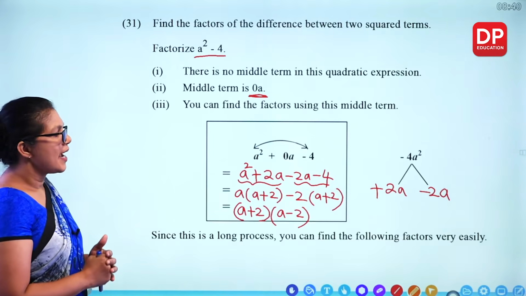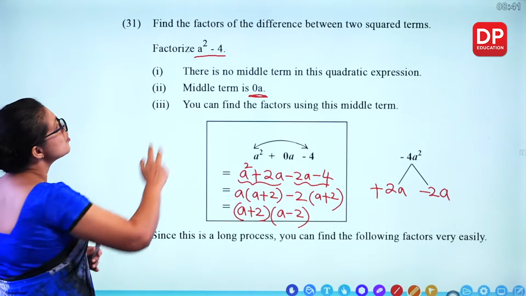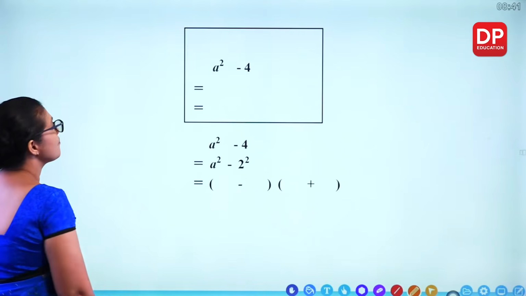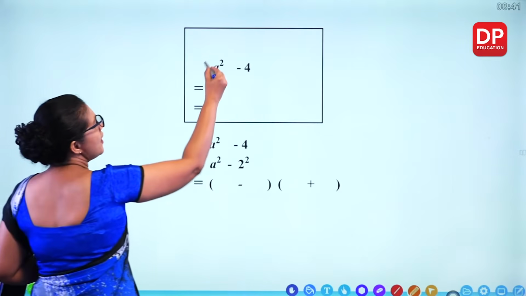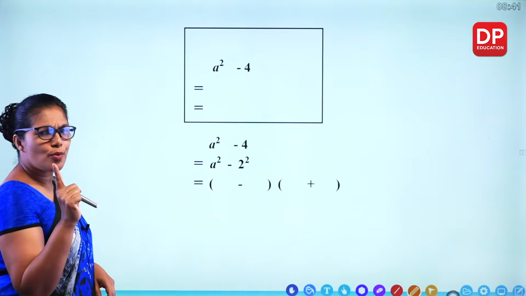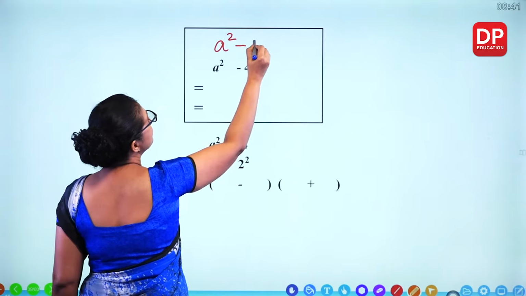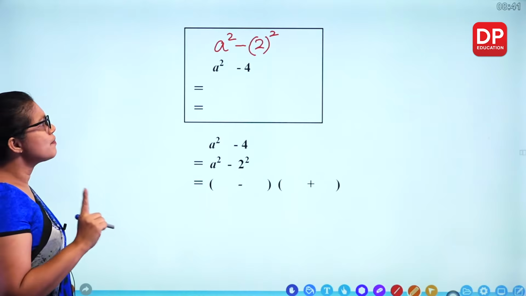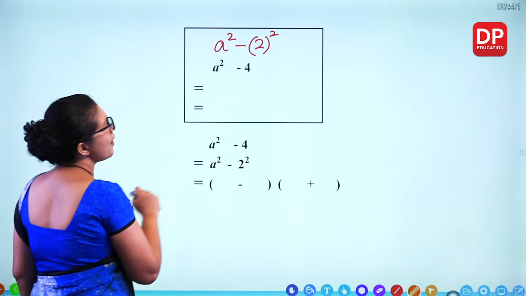So what we can do, we can find an easy way. I'll explain how we can factorize when you get two terms. Now we will take the same question, a squared minus 4. Here a squared is a square term and 4 is also a square term. Now can you see we can rewrite this as 2 squared. Difference between two square terms, so a squared and 2 squared.